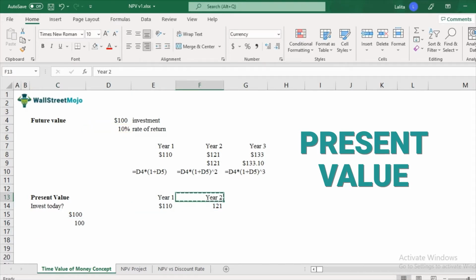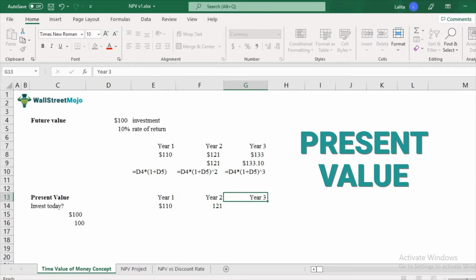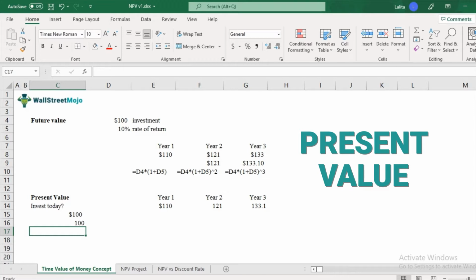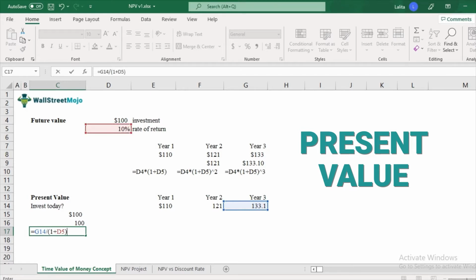Now taking another step, year 3, if you wanted 133.10 at the end of third year, and you want to know how much is your present value today, then what will be your formula? The formula will be this divided by 1 plus your rate of return to the power of 3, right? So as you can see, to the power of 3 after 3 years, when you're finding the present value, you're dividing by that.